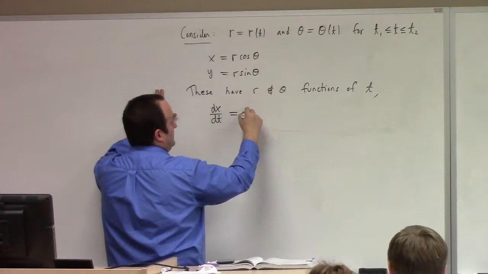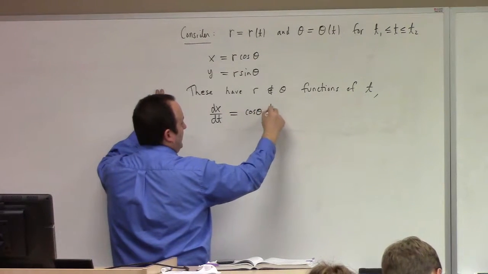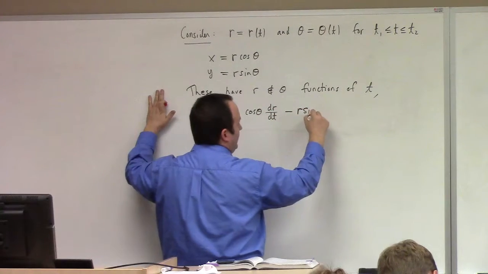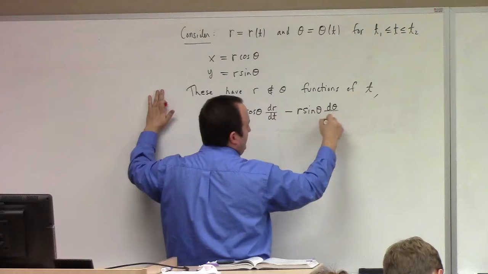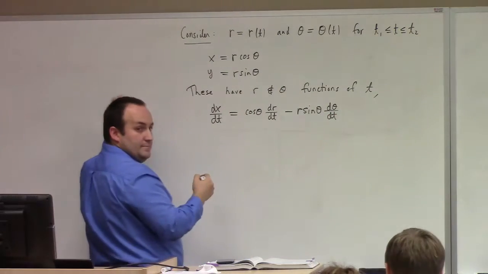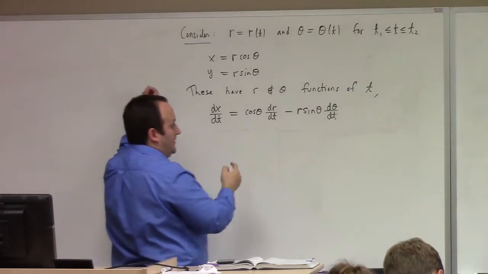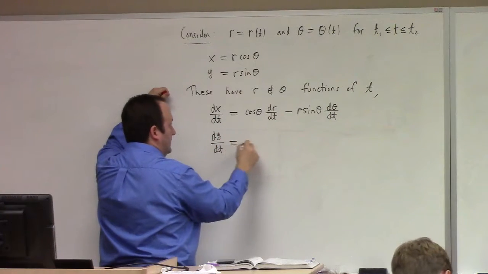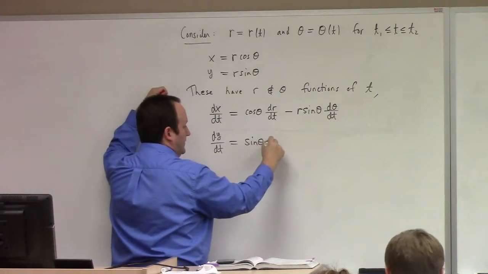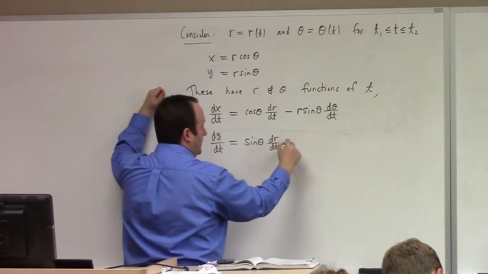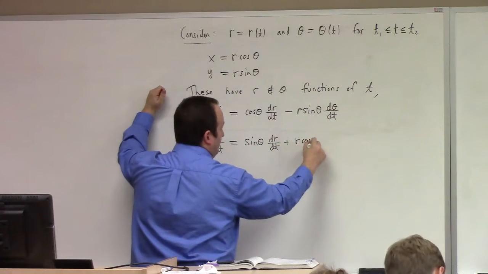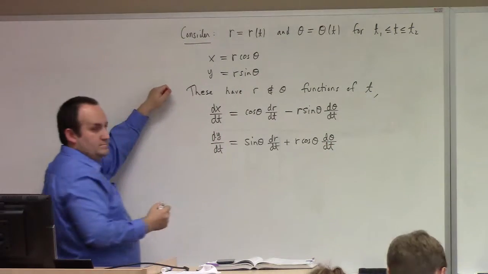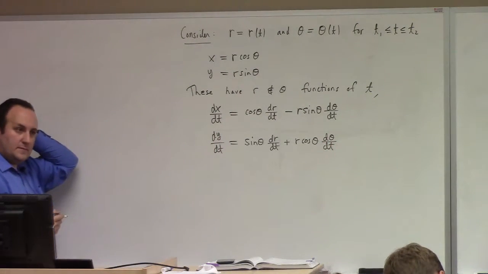We get cosine theta times dr dt, minus r sine theta d theta dt, by the chain rule and by the product rule. Likewise, dy dt is sine theta dr dt plus r cosine theta d theta dt. Okay?